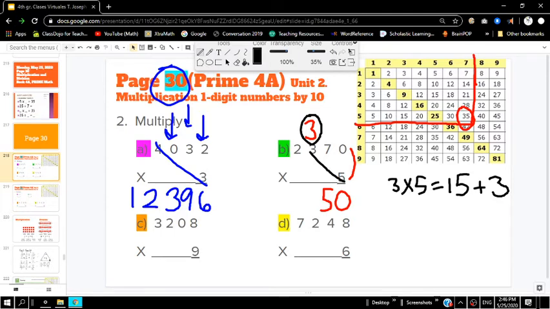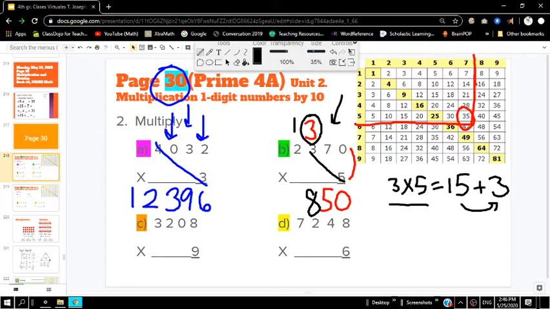So I'm going to put an 8 on the bottom and a 1 on the top. You'll notice what I just did is I took 3 times 5, just like this, and then I took my answer and added the previous step's number that was on the top, right, that 3. So 15 plus 3 is 18.